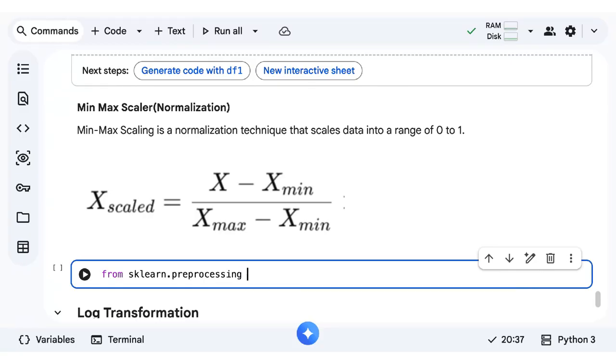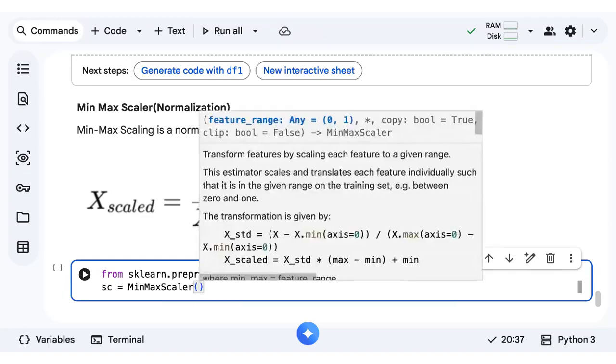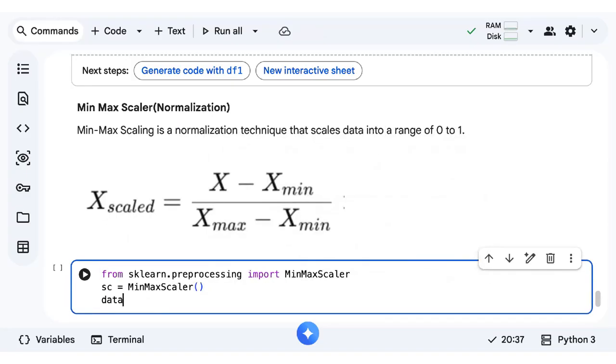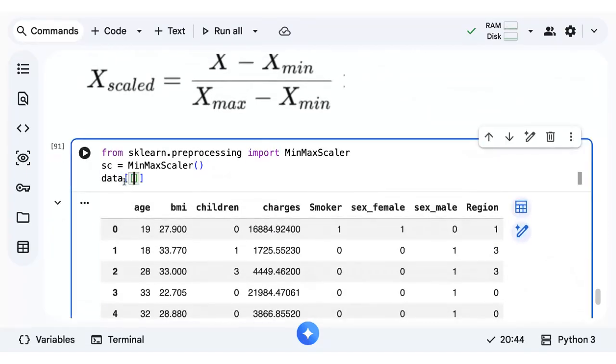From sklearn dot preprocessing, try importing MinMaxScaler. I'll call scaler equals MinMaxScaler. We'll apply it directly on our data. So this is data, I'm calling age as well as BMI. I'm proceeding with my project using MinMaxScaler, but you can try standard scalar as well, your wish.